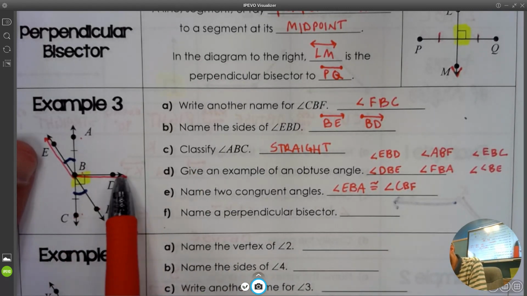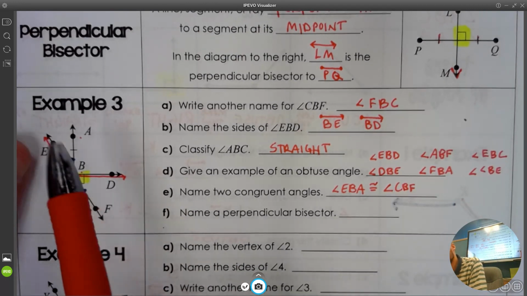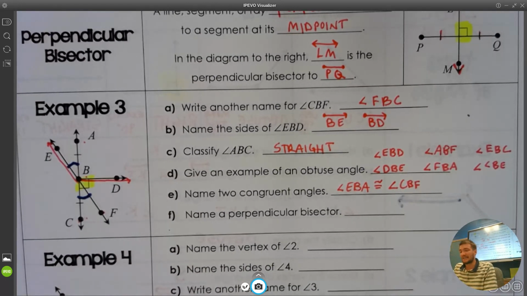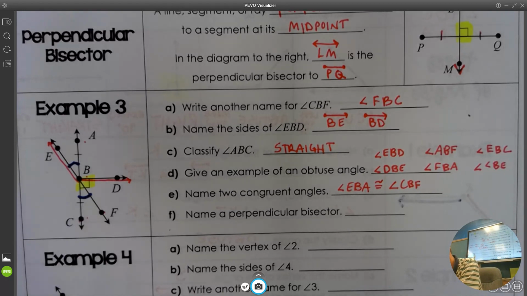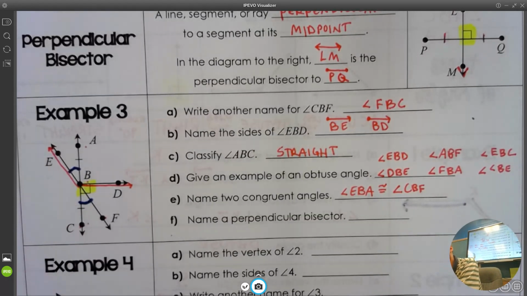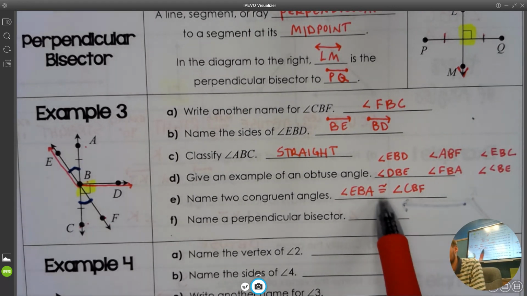Yeah. Because we know this is a right angle. You guys are correct if you said that we have two right angles. But if it doesn't have that box, you can't assume. Yeah, that's what I was thinking. There's no way for us to really know that ABC is actually straight. You would think it is. It does look straight. I think this is the clear, obvious answer, right? No reason to not.